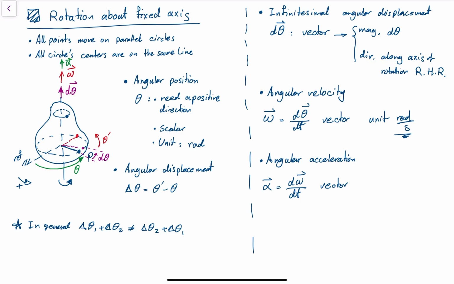And its unit is radian per second squared. And now you have it. You have angular definitions of position, velocity, and acceleration.